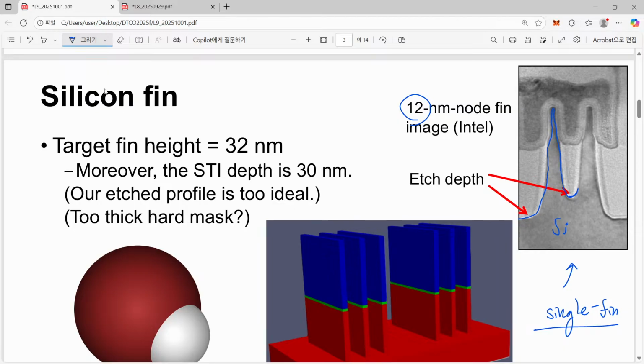The reason I am showing this TEM image is that the etch depths are different. Please have a look at this one and this one. Here we have a different profile. If we have two fins surrounding this gap, then this gap is relatively narrow.